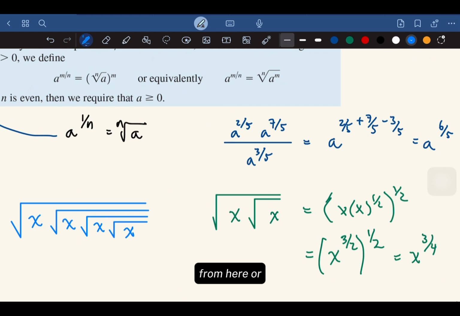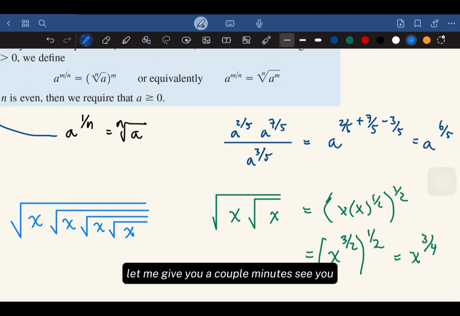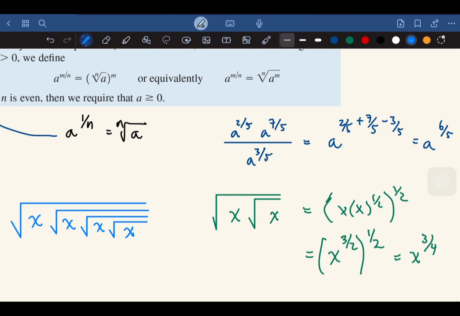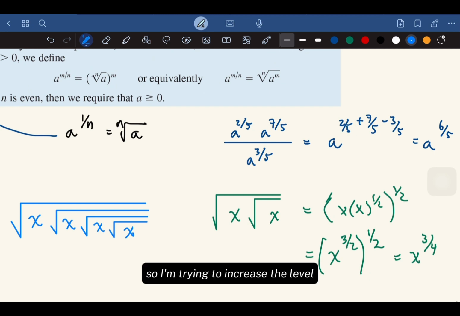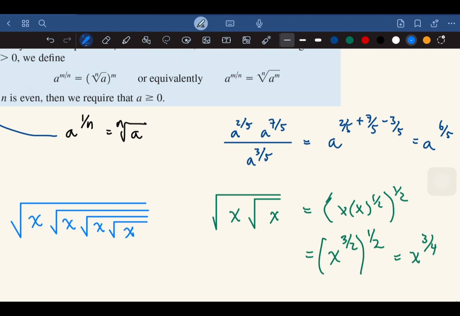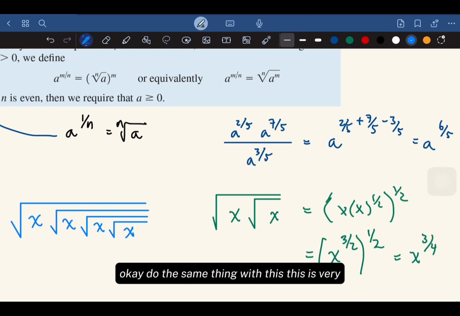We start from here, or maybe start from the very inside. Let me give you a couple of minutes to see. Because if I'm just giving you this, it's too easy. So I'm trying to increase the difficulty level. Okay, do the same thing with this.